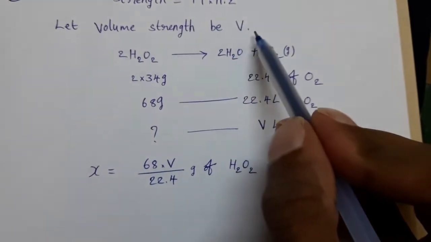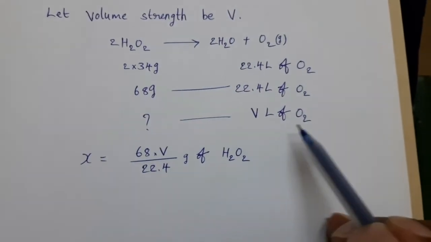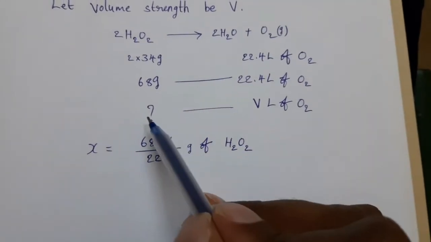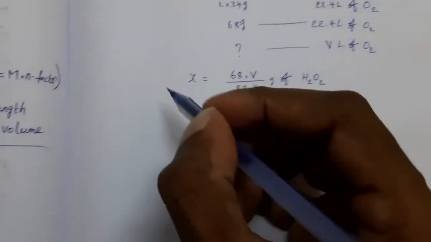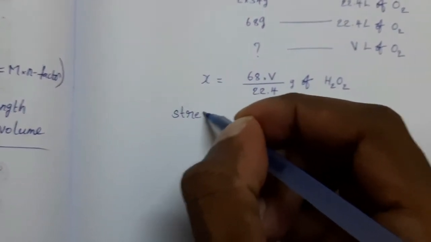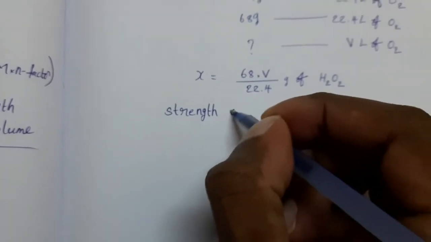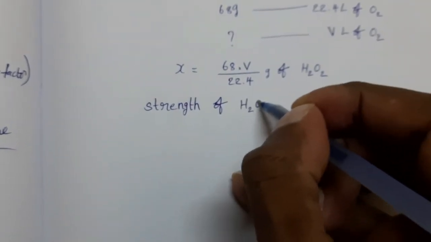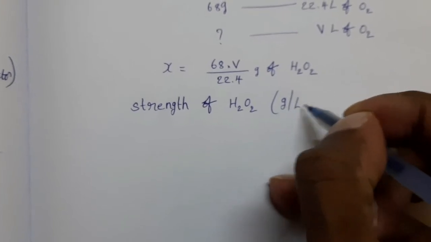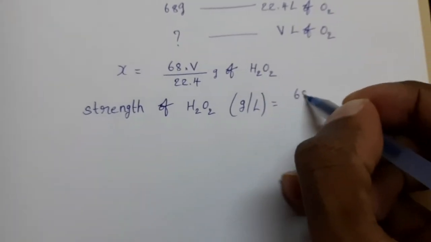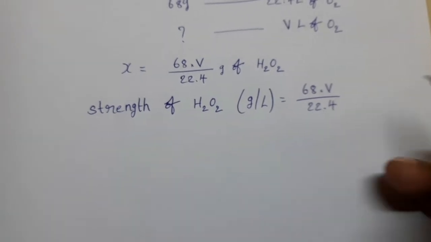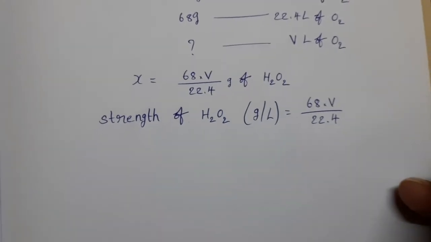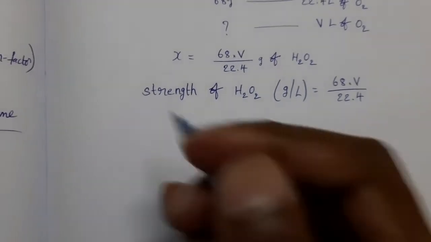So strength of H2O2, strength means gram per liter, that is 68 into V divided by 22.4. This is the strength of hydrogen peroxide.